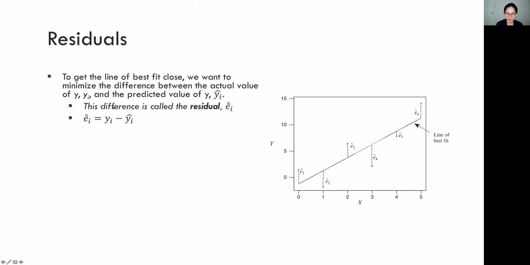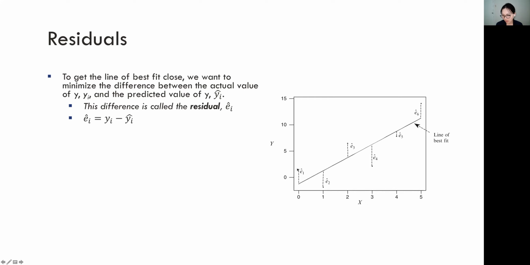This is the difference between the actual value yi and the predicted value yi hat. The distance between these two we call the residual, and we want to minimize those residuals so that the line we estimate will be as close as possible to those data points.